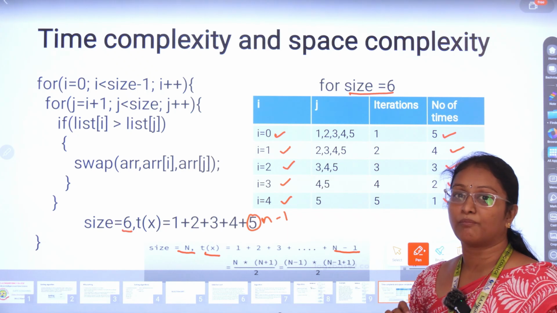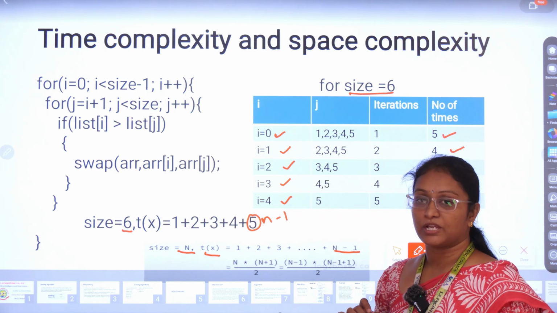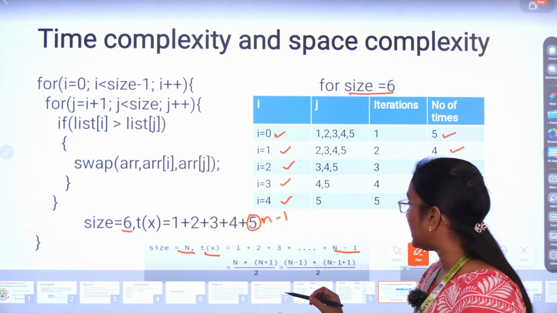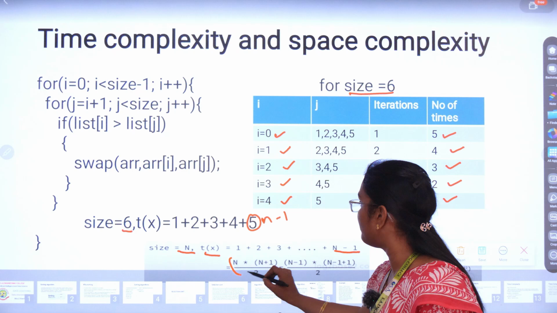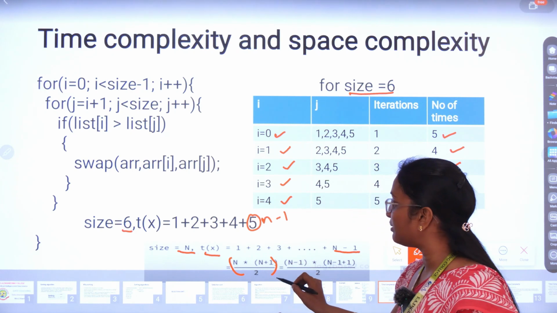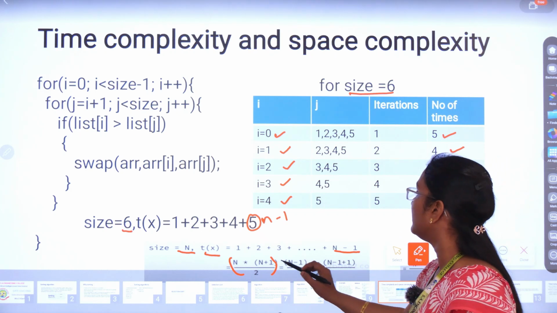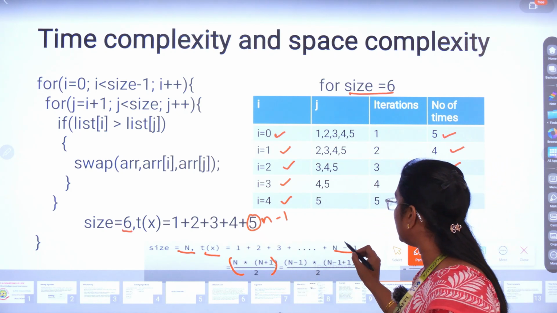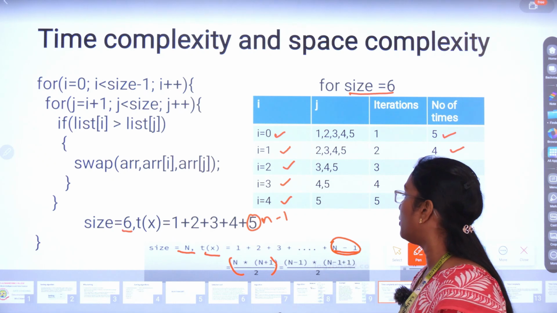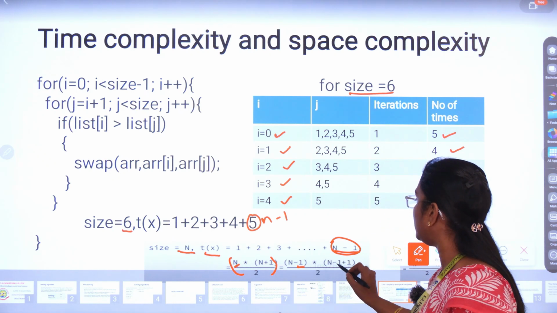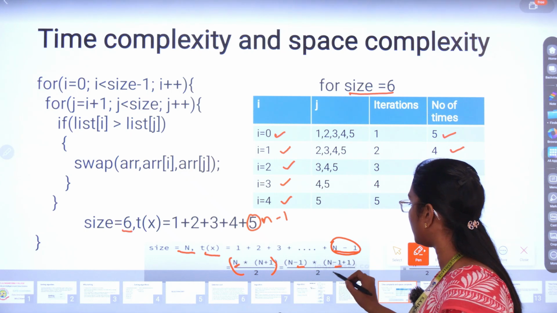We already know the sum of natural numbers equation. The sum of natural numbers from 1 to n is n into n plus 1 divided by 2. Here, n is replaced by n minus 1, so we substitute n minus 1 into n minus 1 plus 1 divided by 2.